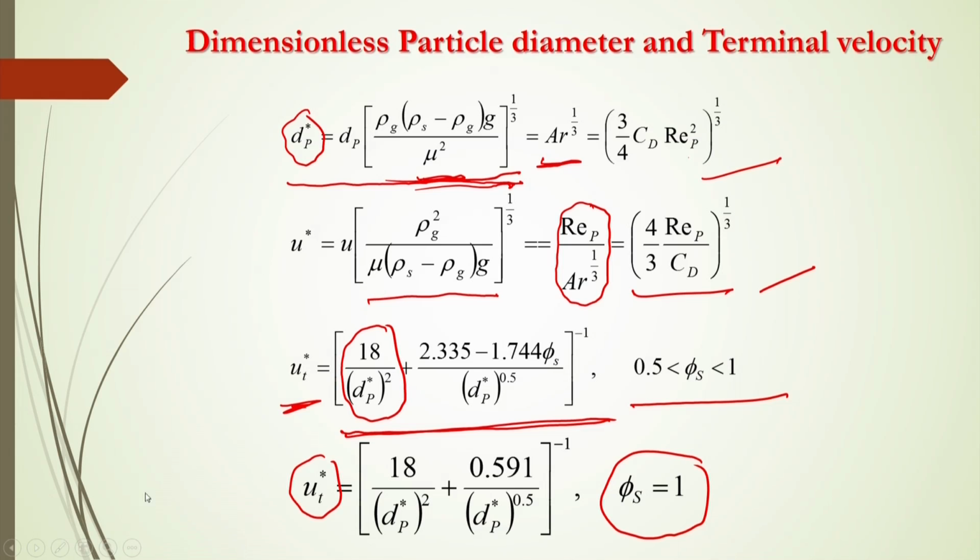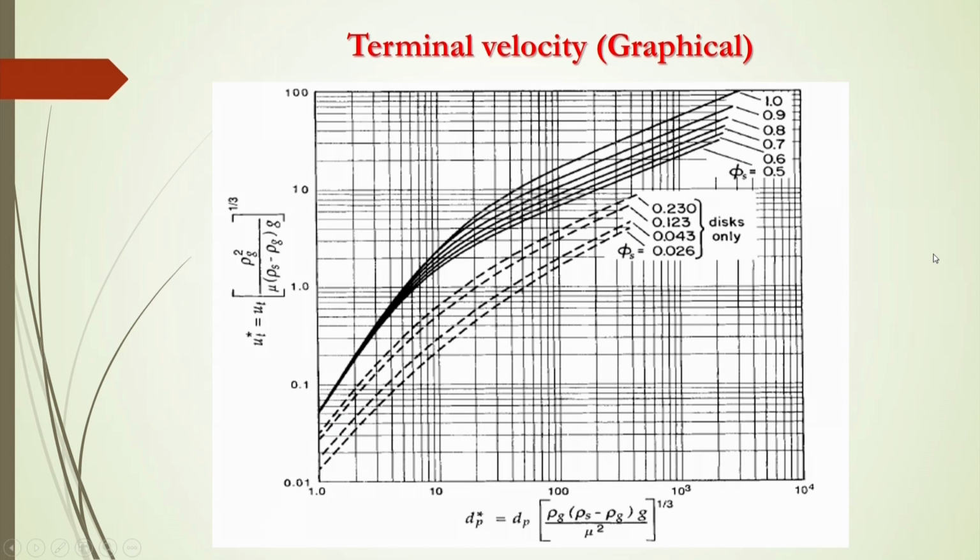And then this terminal velocity you can represent graphically also. Now, if we represent this terminal velocity by the graph shown here in the slide, see here on the x axis, dp star is denoted as dp into rho g into rho s minus rho g by mu square, g to the power 1 by 3.